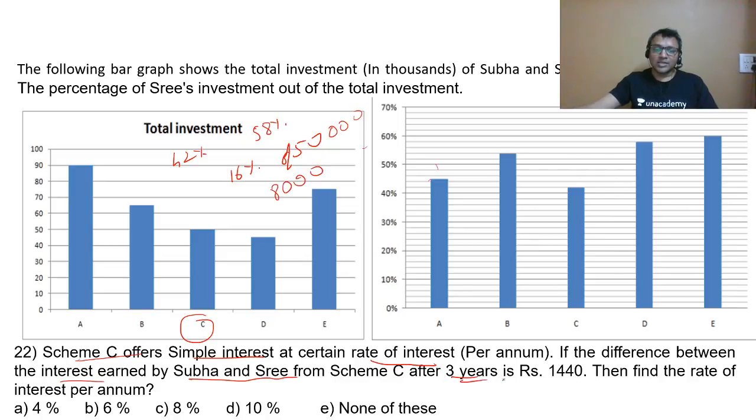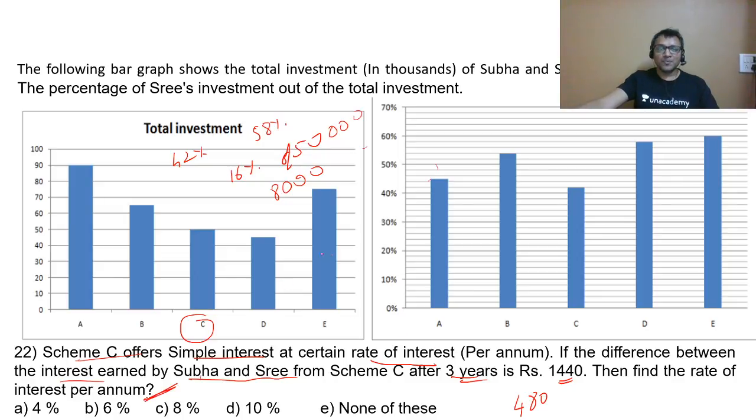In 3 years they get 1440, so every year it is divided by 3, which is 480. So on investing 8,000, if you get 480, you are getting a 6% interest rate. This is more difficult than the previous one, but still okay.